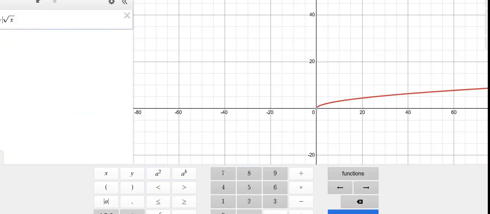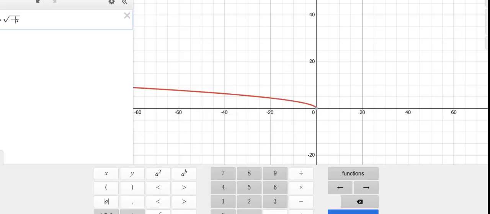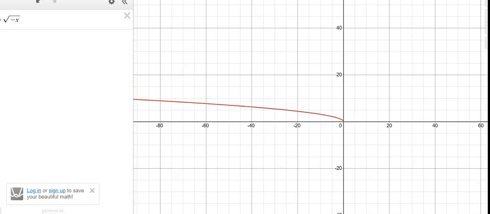I lied about that. I thought I'd show you on that last one. So this is the graph. This is a typical parent graph of the square root function. So you can see as we add stuff inside of here, I put a -5 to see how that negative has then, whoops, flipped the graph.